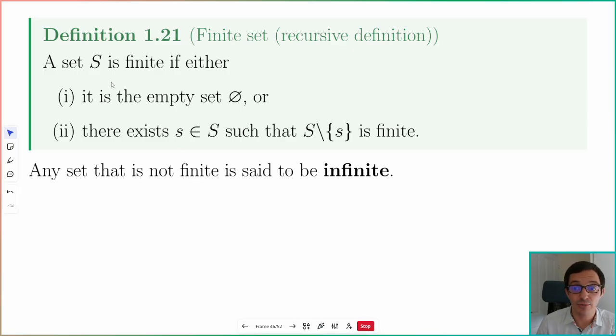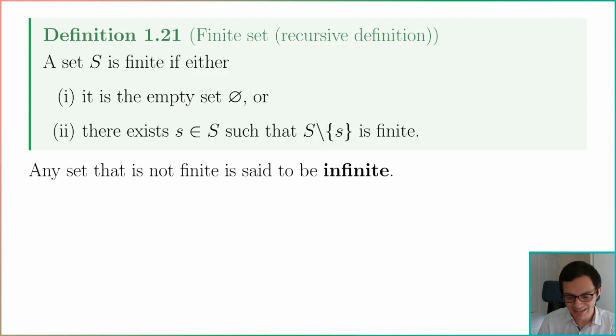So a set S is called finite if either it's the empty set, that one counts as finite, or if there exists an element of S such that the set difference S, take away that element, is a finite set. So that's a recursive definition because it invites you to subtract and investigate.